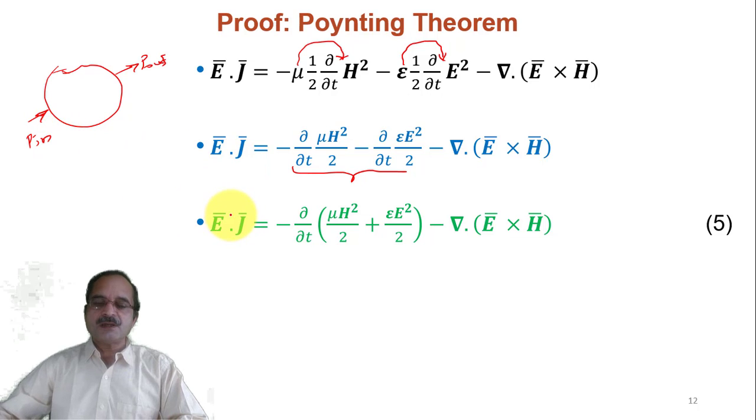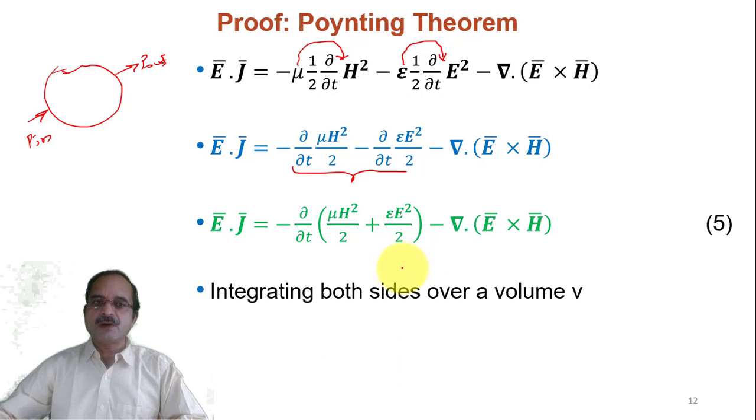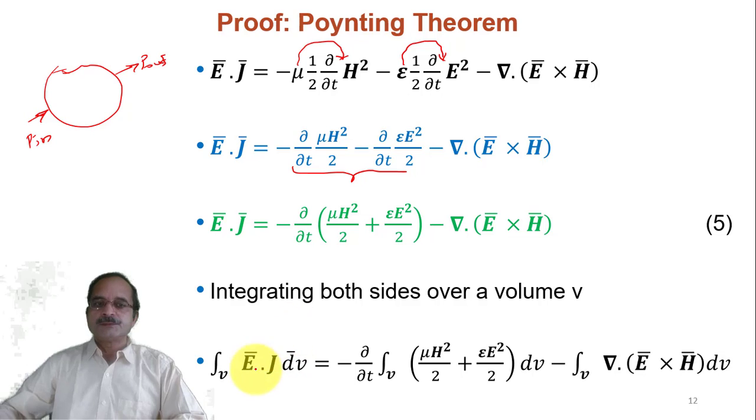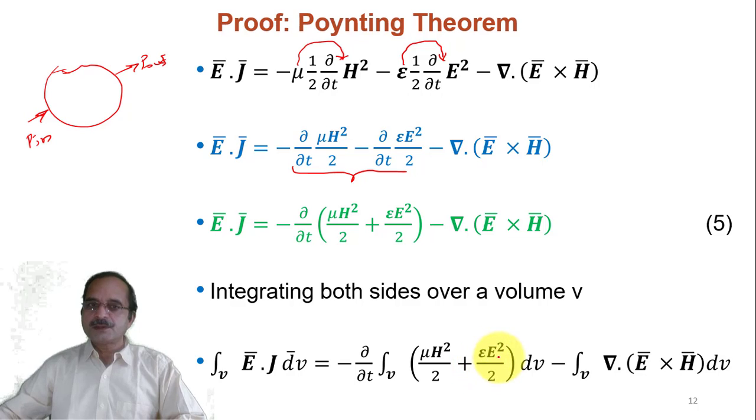For that purpose, taking the integral of equation number 5 over the given volume, integrating both sides, this is volume integral E dot J dv minus d dt volume integral of mu H square by 2 plus epsilon E square by 2, minus volume integral del dot E cross H dv.